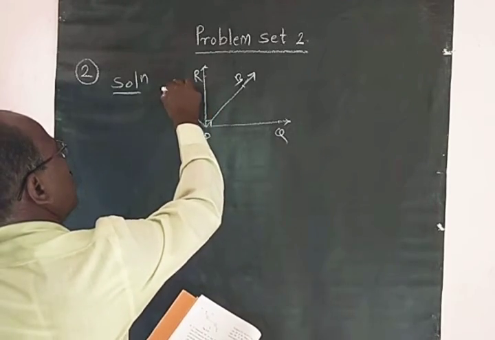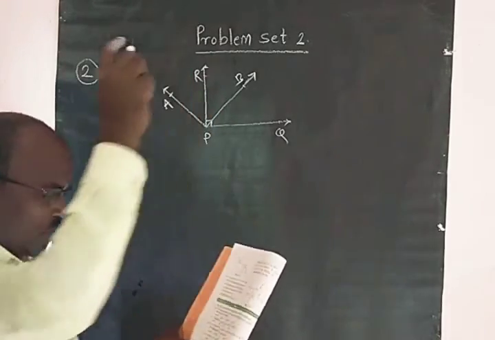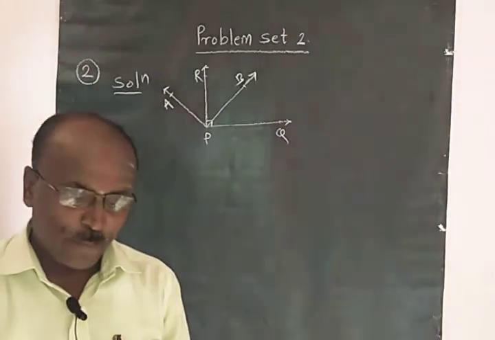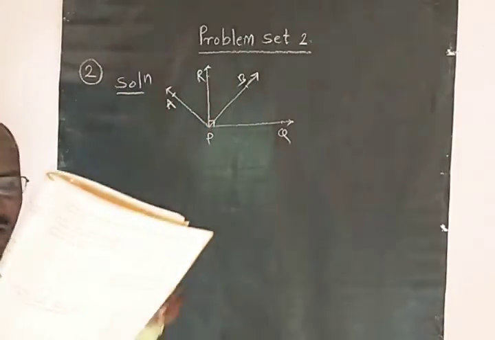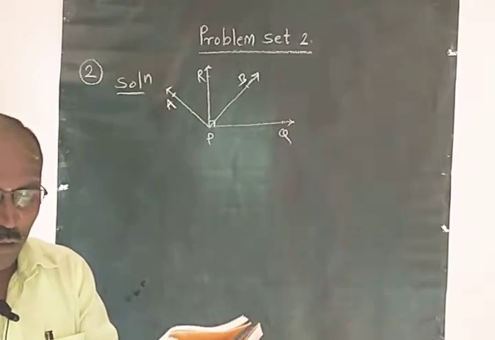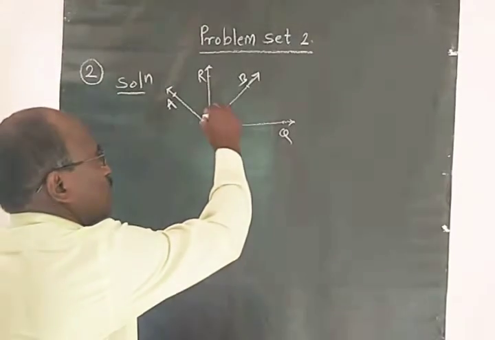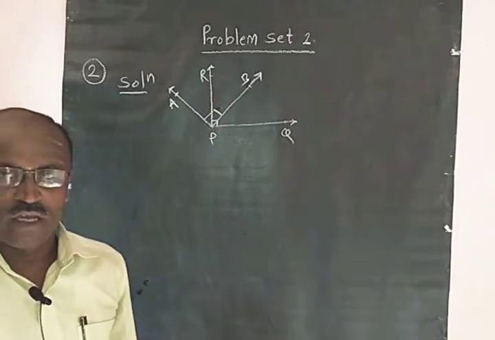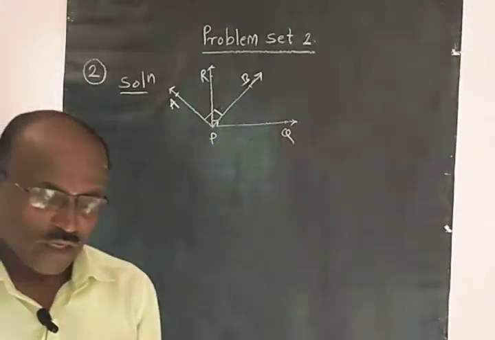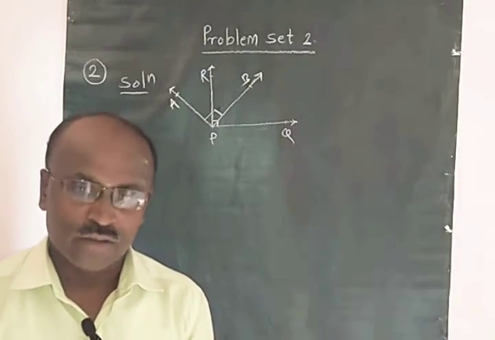Suppose here the point A is there. Ray PB and ray PA are perpendicular to each other. So these two rays are also perpendicular to each other. This is the figure.